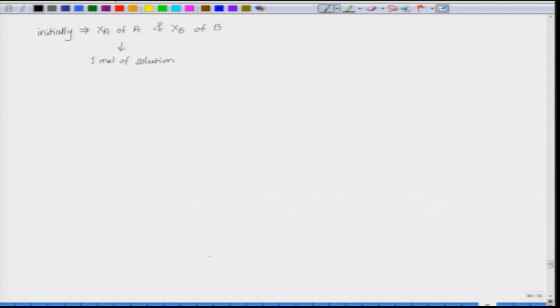right. So, what will be the initial Gibbs free energy of the system? Let us call it G1, xA GA0 plus xB GB0, where GA0 and GB0 are the molar Gibbs free energies of A and B, right.